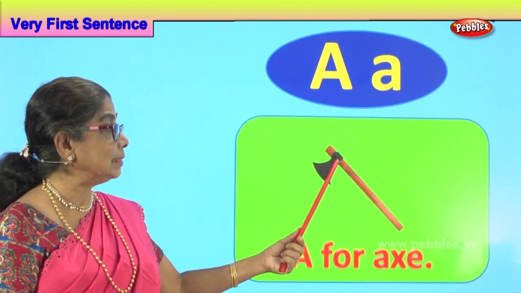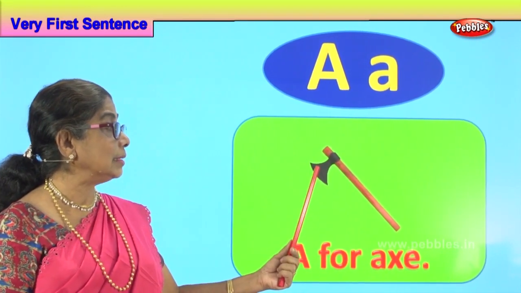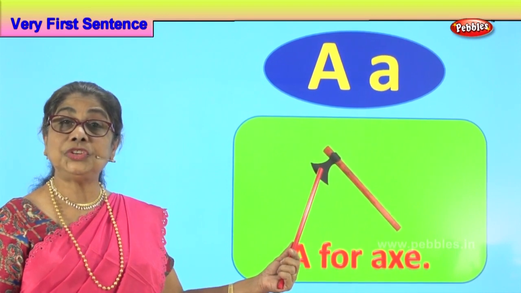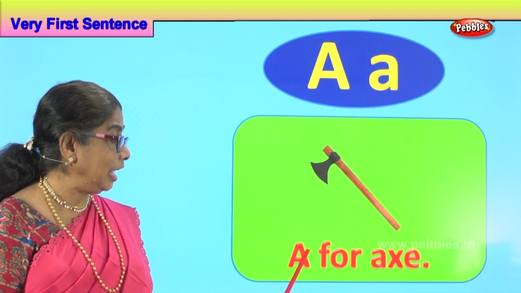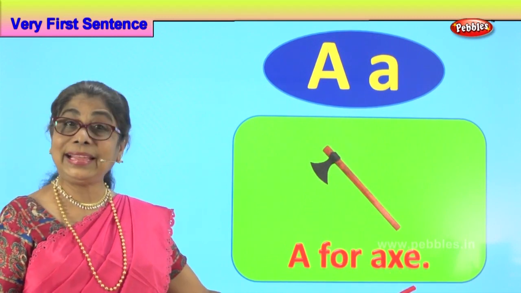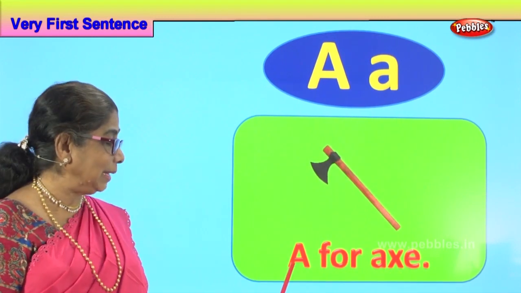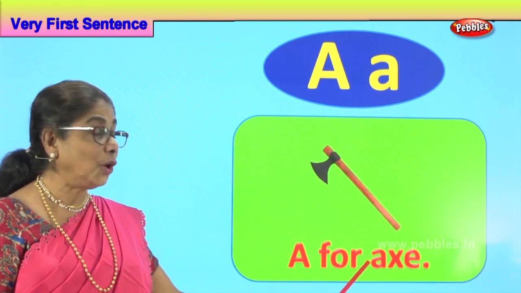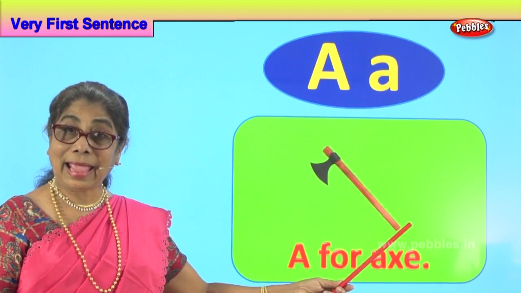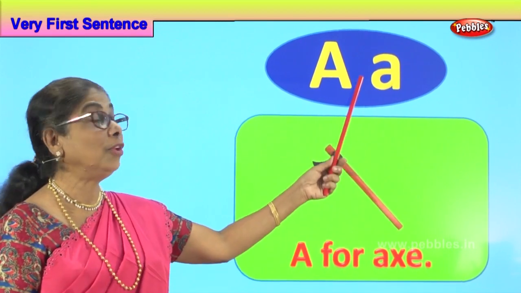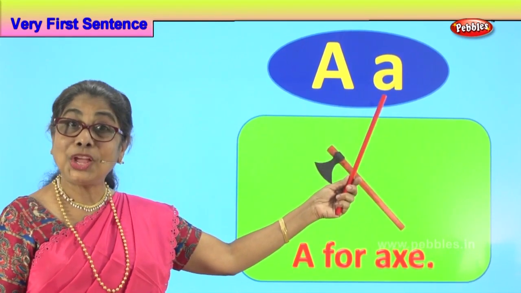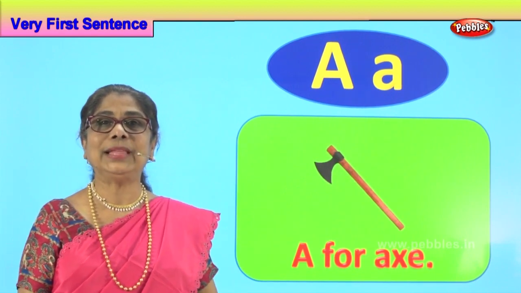So this is made of wood. This is iron. It's a very sharp instrument, axe. Let's read. A for axe. Together with me, please. A for axe. Axe is used for cutting wood. Sound of A. Good. Let's go to the next picture.